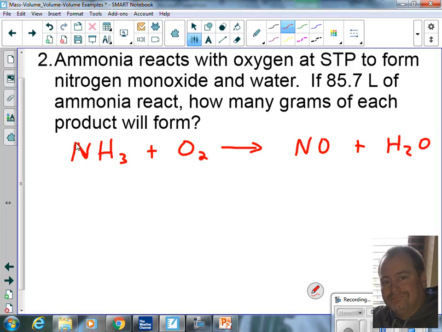Now, as I look at that, I can see I'm going to have a little bit of a problem here with my ammonia, because I have a 3 here with hydrogen, and I have a 2 there. Well, I've already got this balanced, so I'm just going to do it to save us a little time.